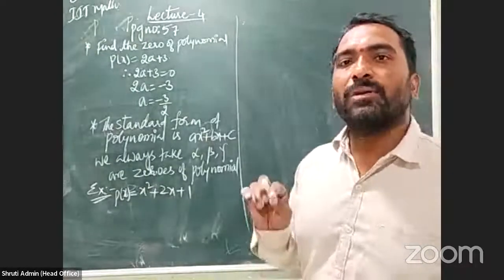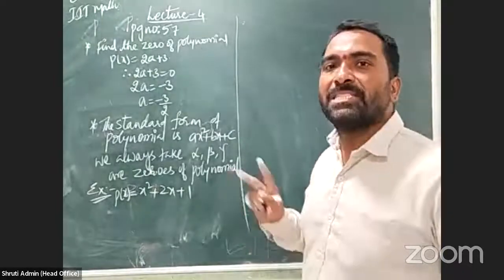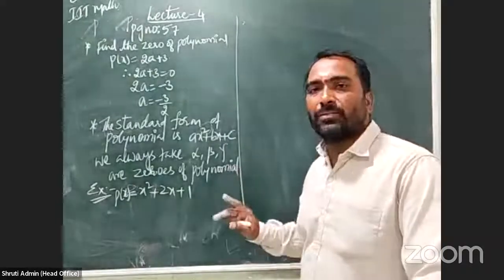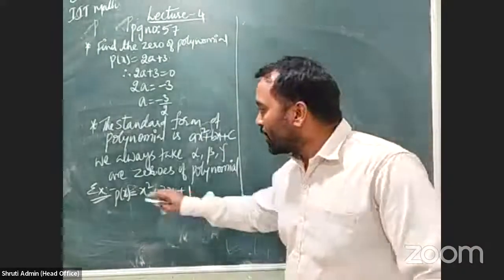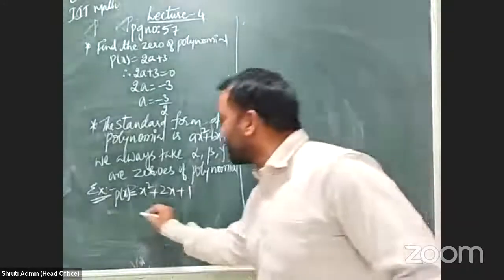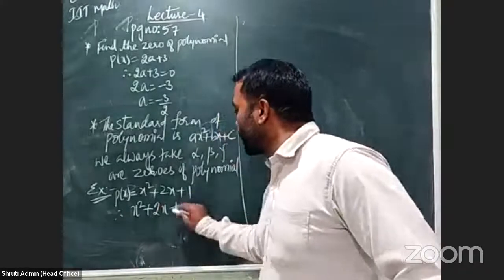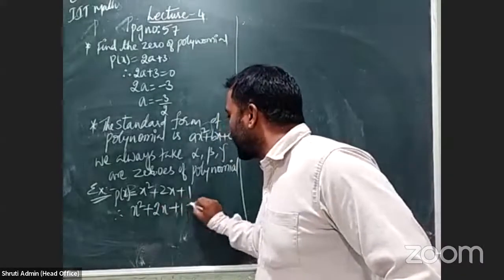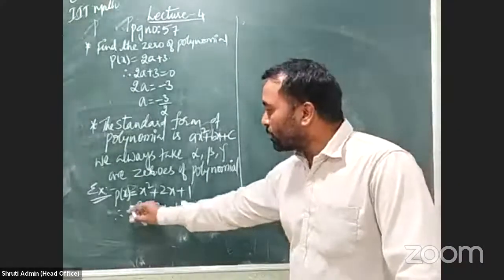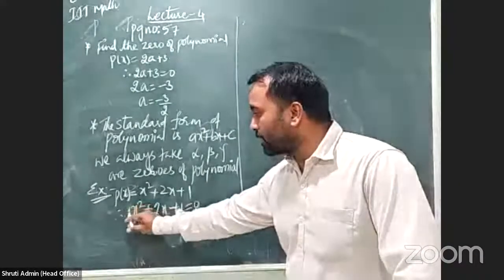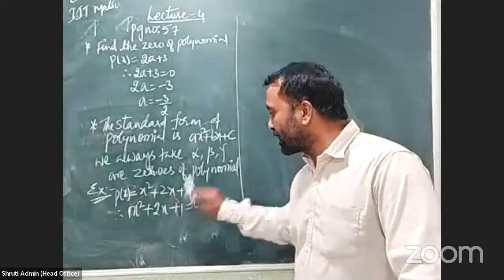To find the zeros of the polynomial, we have two methods. One method is the factorization method. What is the factorization method, sir? Suppose x square plus 2x plus 1 equals 0. We multiply the coefficient of x square and the constant number.